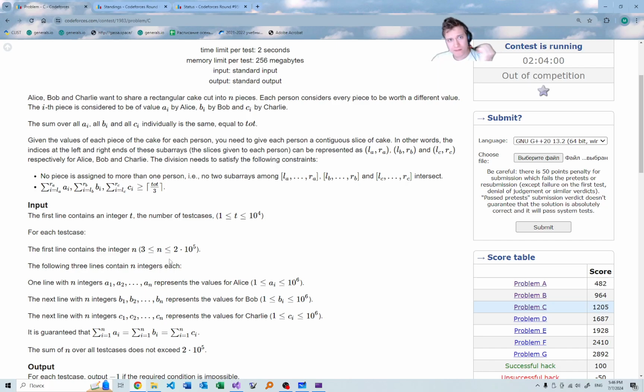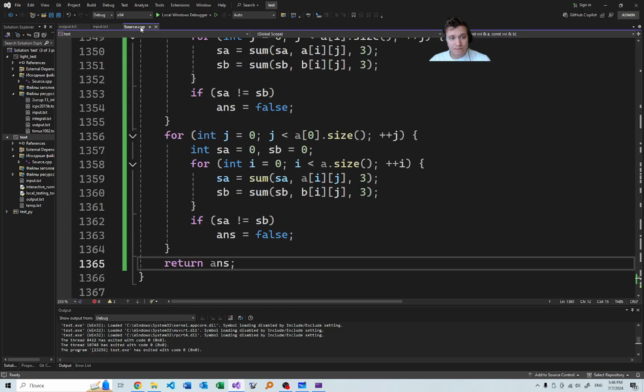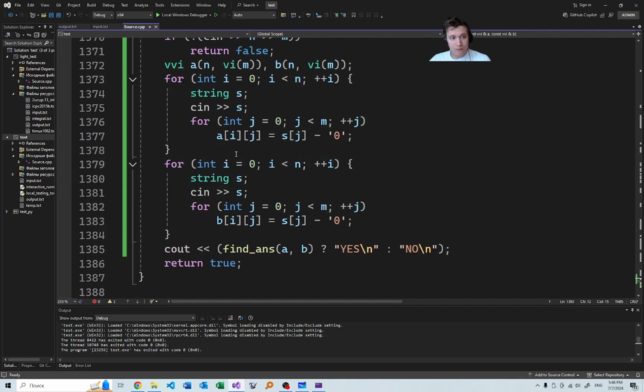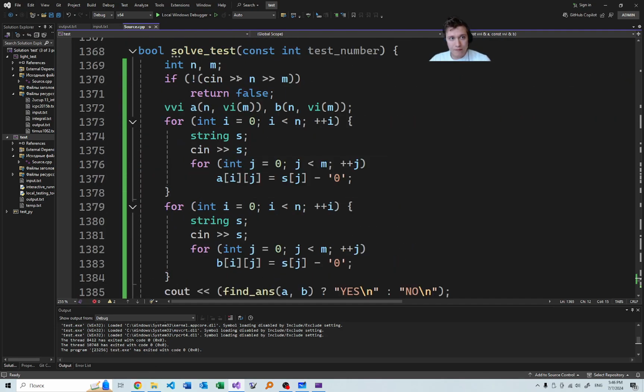Okay, this is 3 pointers. This is the 3 pointers problem. And we just do it with 3 pointers.